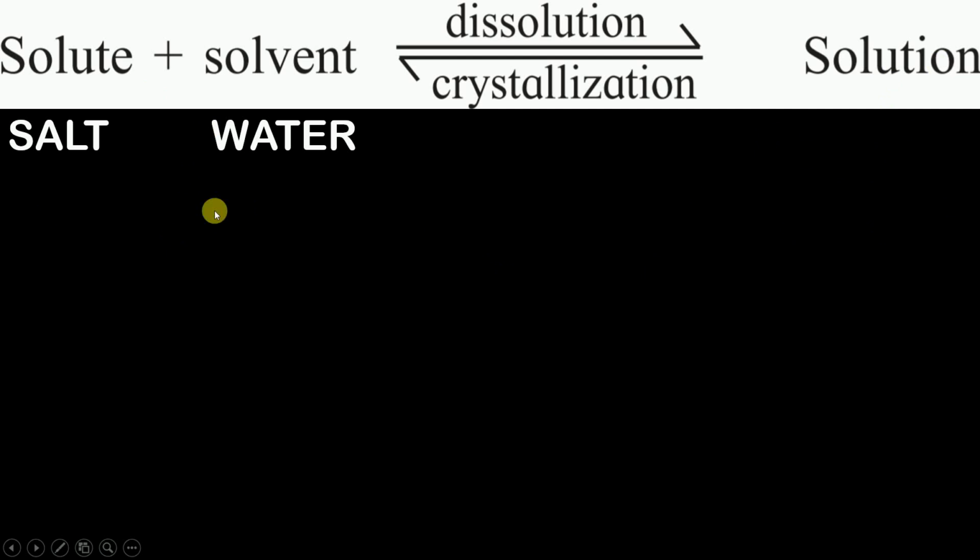So if you add 20 moles of salt, yes, that 20 moles will get dissolved and turned into solution, but at the same time the solution will also give us back 20 moles. So the amount of solute that is getting dissolved is equal to the amount of solute that we get back from the solution.